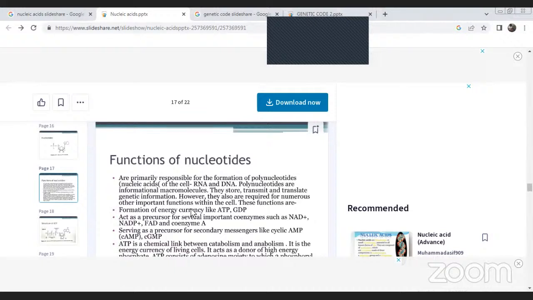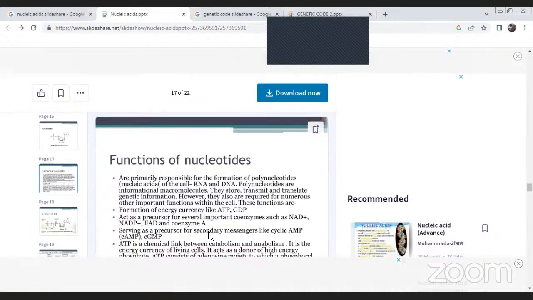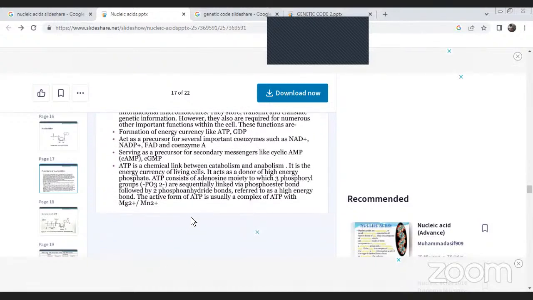The functions are the formation of energy currency like ATP and GTP. Nucleotides act as precursors of several important coenzymes such as NAD+, NADP+, FAD, and coenzyme A, serving as precursors of secondary messengers like cyclic AMP or cyclic GMP. ATP is a chemical link between catabolism and anabolism.